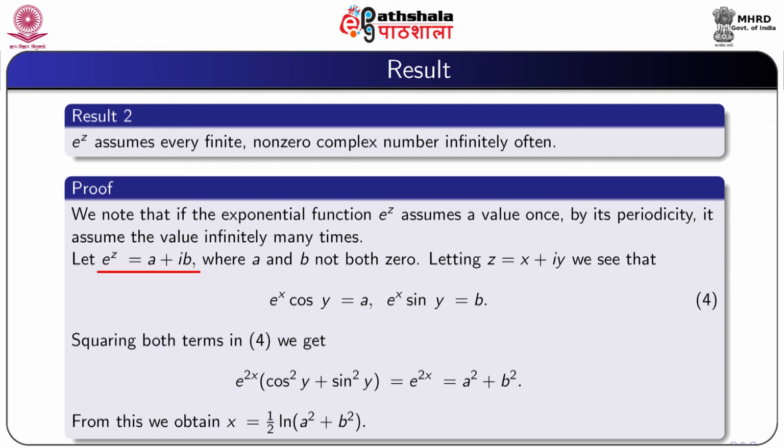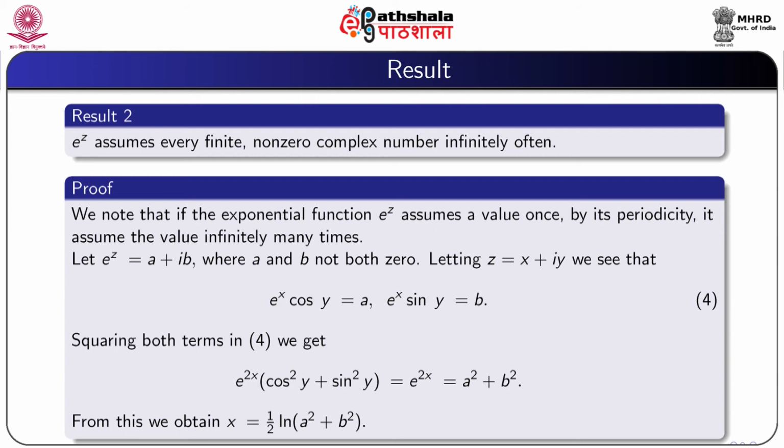Let e to the power z equal to a plus ib, where a and b are not both 0. So assuming z equal to x plus iy, we see that a equal to e to the power x cos y and b equal to e to the power x sin y.